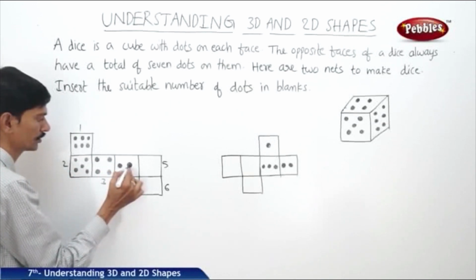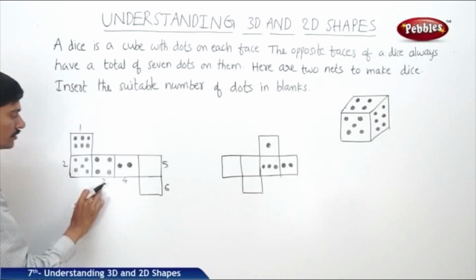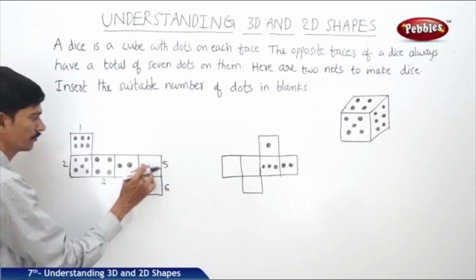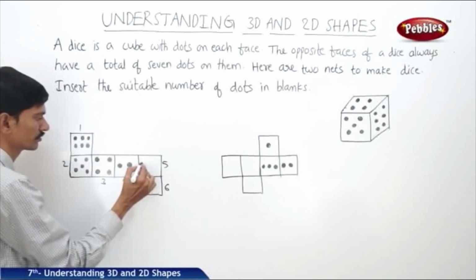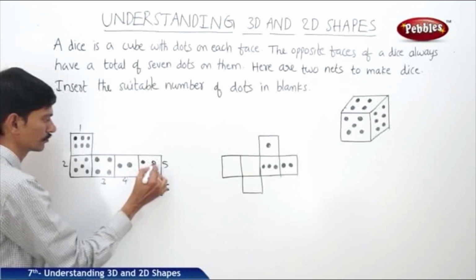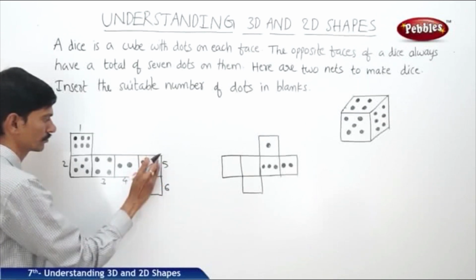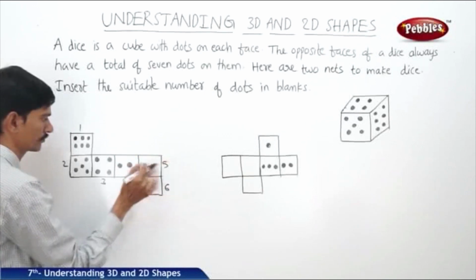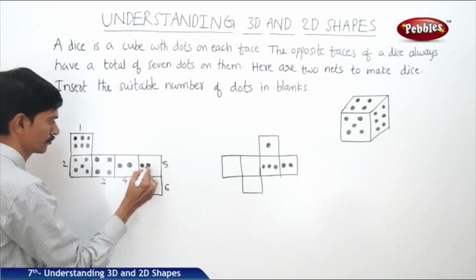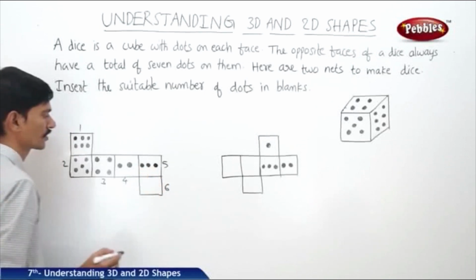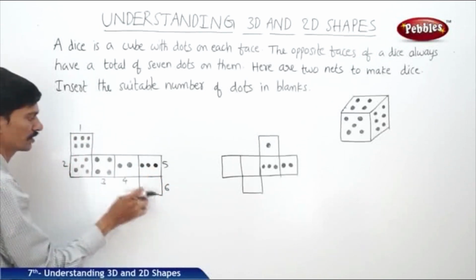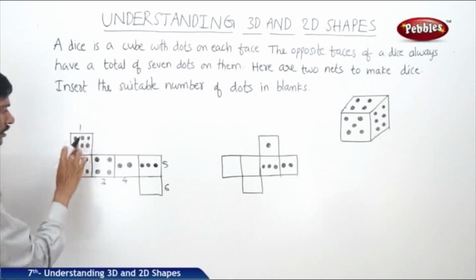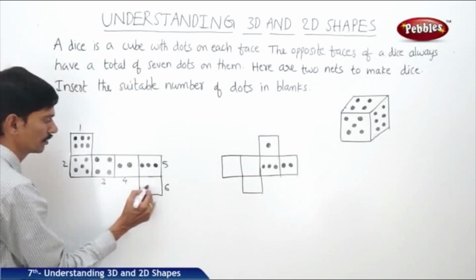Now face 3 has 4 dots on it, then its opposite face 5 will have 3 dots. Next, faces 1 and 6 are the opposite faces. As face 1 has 6 dots on it, face 6 has only 1 dot.